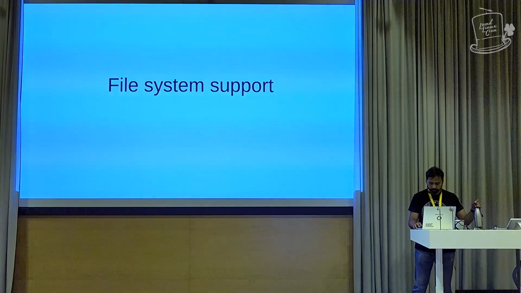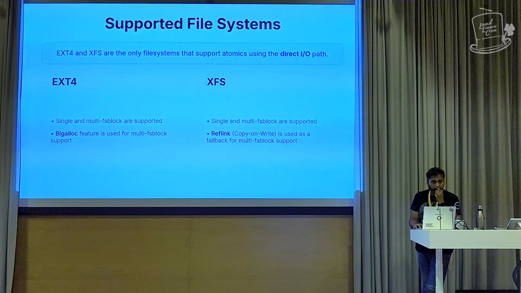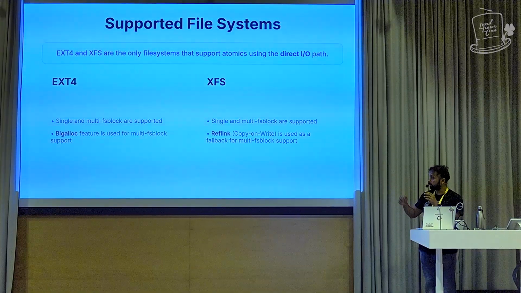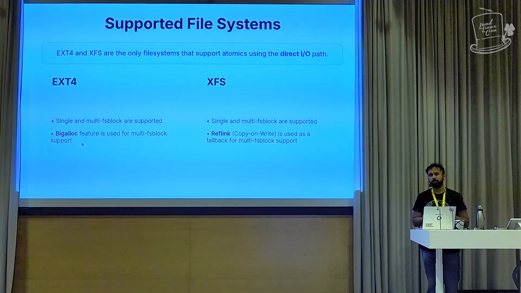File system support. At this point, we have only ext4 and XFS that support atomics, and only through the direct IO path. Both ext4 and XFS support single or multiple block atomics. I will explain in more detail what that means. ext4 has this feature called big alloc.